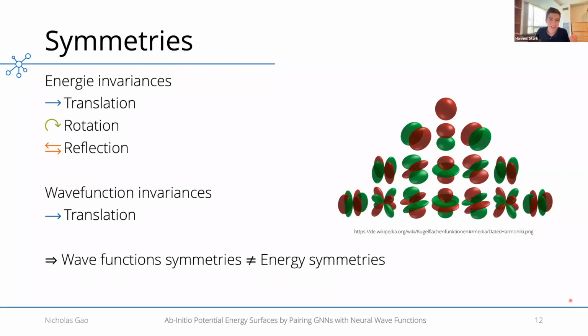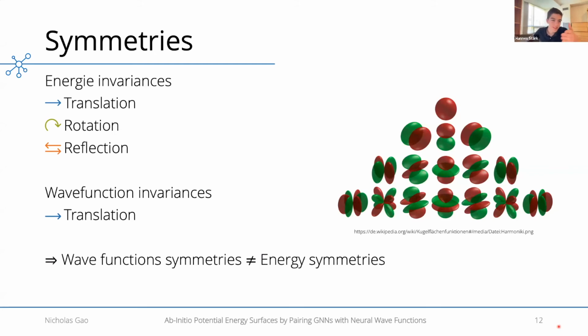If we look at the second level, for example, there nature chooses an arbitrary rotation, an arbitrary axis, and according to that we have these orbitals. If we now rotate our coordinate system, then these orbitals will rotate with it as well.